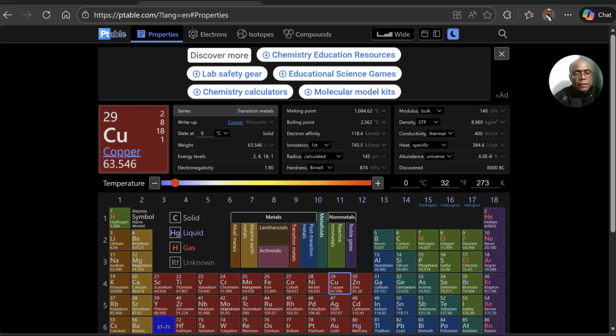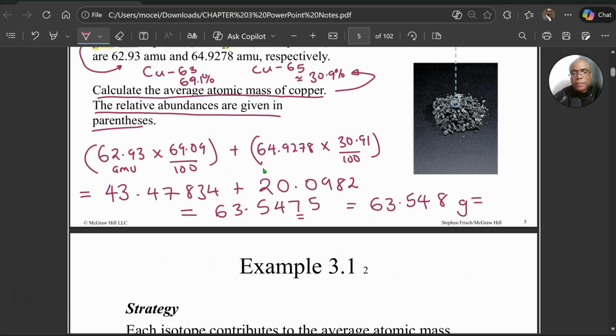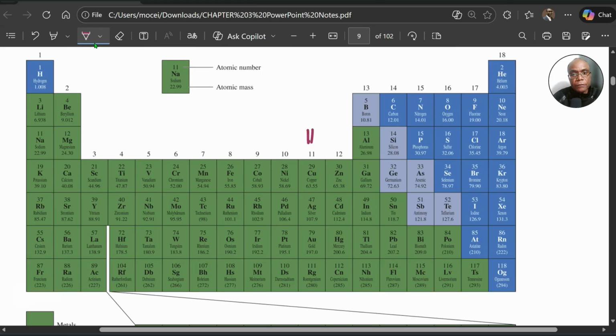The periodic table says it's supposed to be 63.546. Okay, we are close enough. And to four significant figures, it will be 63.55, which is what you'll see in most periodic tables. So that is the actual average weighted mass of copper. You can see here for copper, it's written as Cu 63.55, and I believe that's at 29.